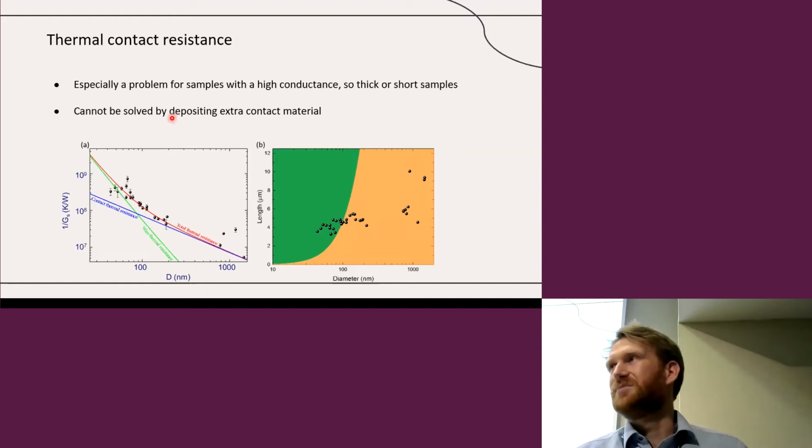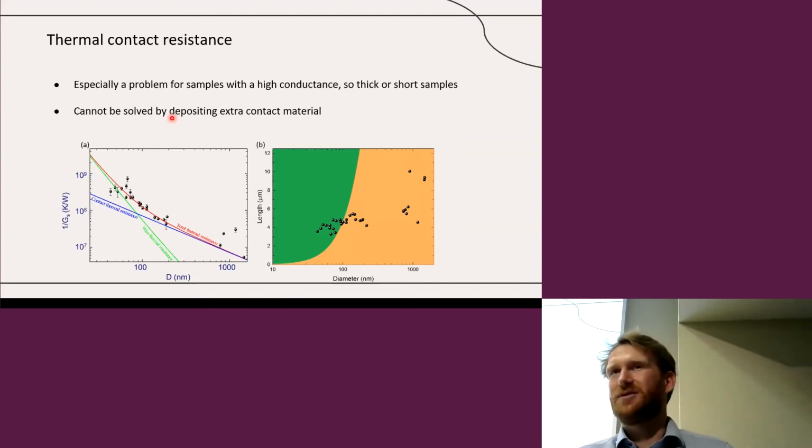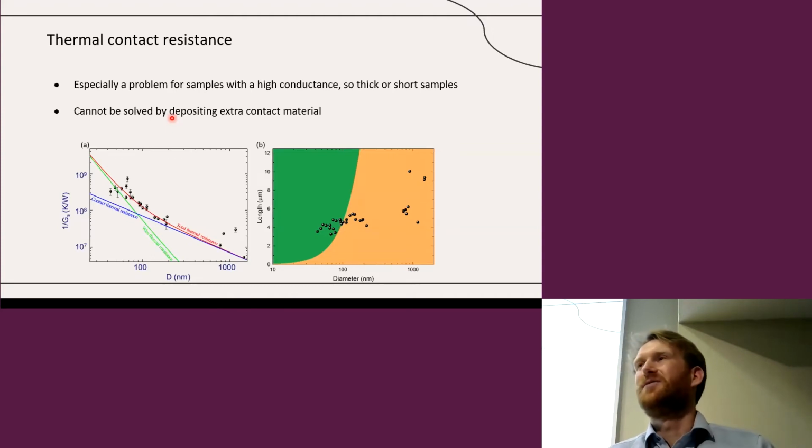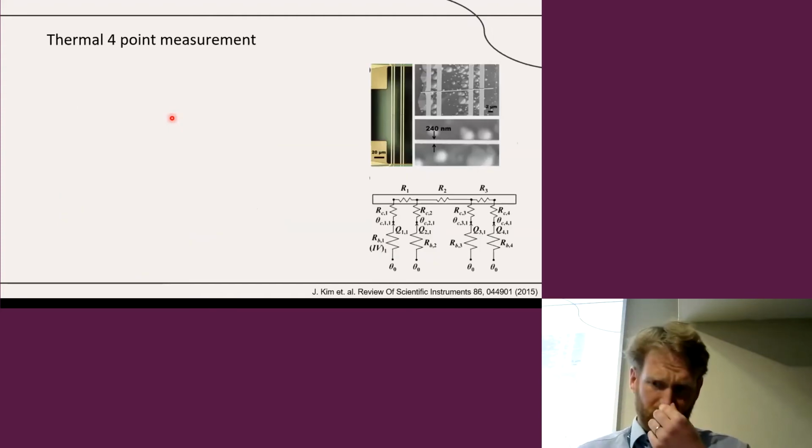That means that this method can ideally be used for very poorly conductive samples, where you can first of all make the claim that your wire resistance is much more than your contact resistance, and secondly, where you also get the benefit from the very good thermal resolution that this method gives, which can go down to even below millikelvin temperature resolutions.